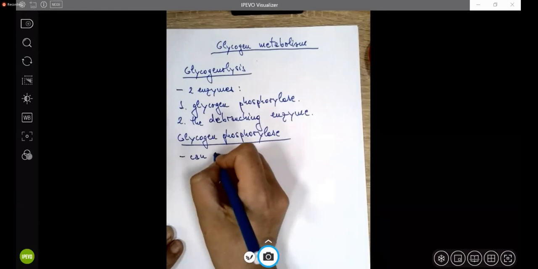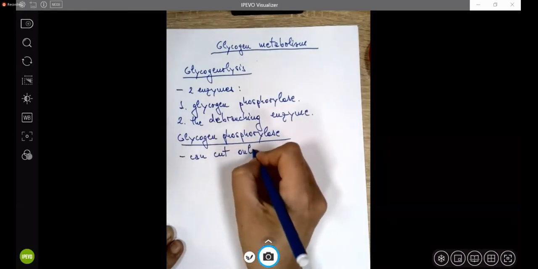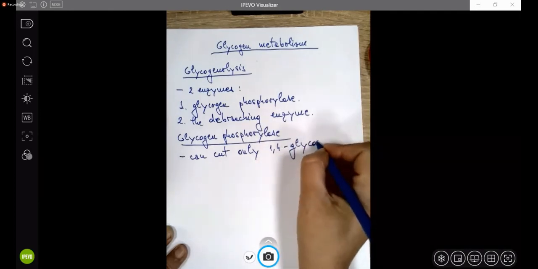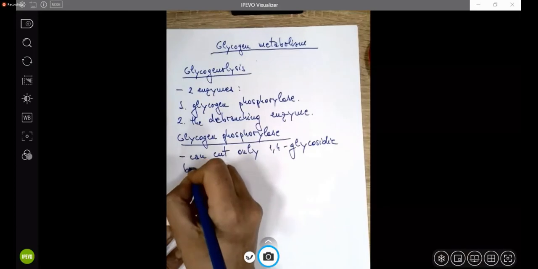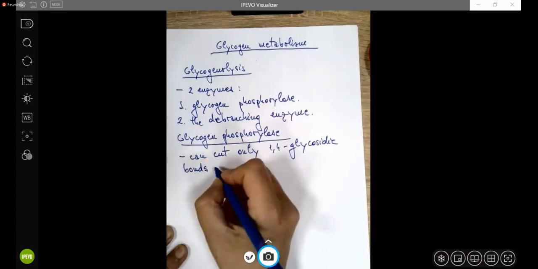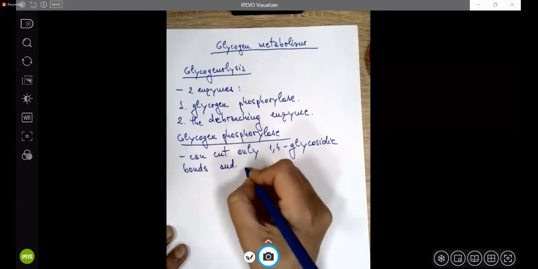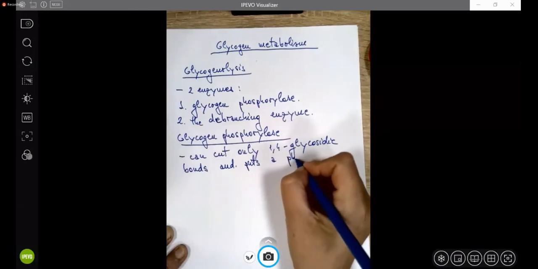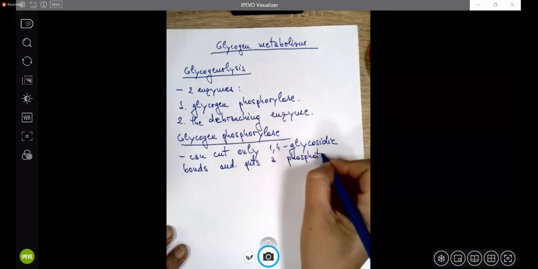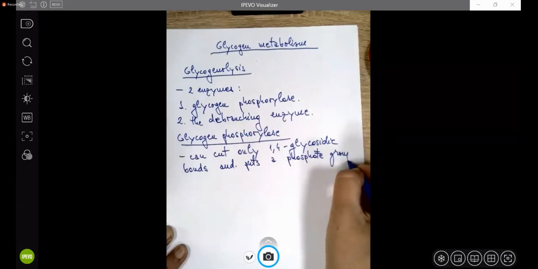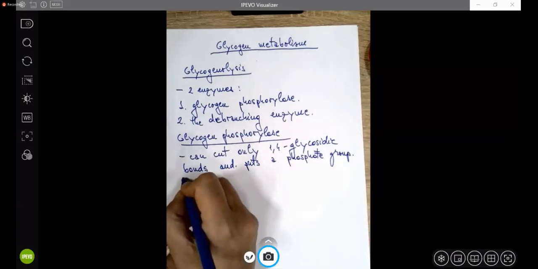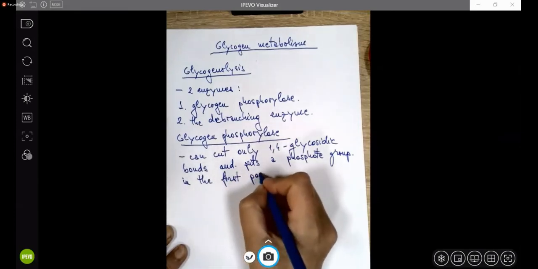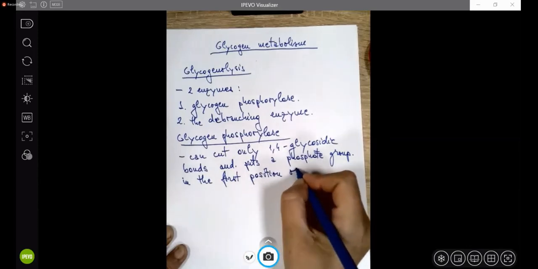Glycogen phosphorylase can cut only 1,4 glycosidic bonds, and puts a phosphate group in the first position of glucose.